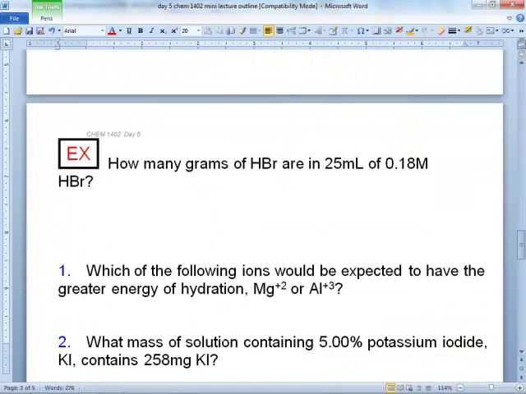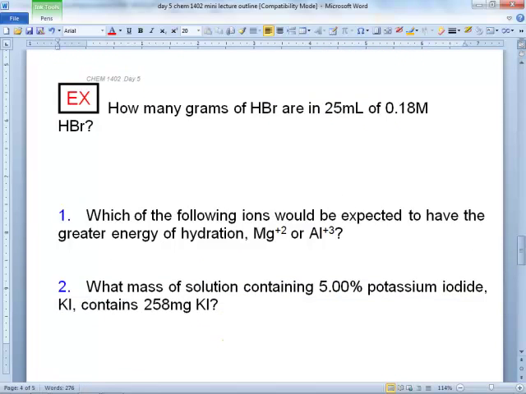Okay. Try this one. How many grams of HBr, hydrogen bromide, are in 25 mL of 0.18 big M HBr? Now, big M, you're not supposed to say big M. You're supposed to say molarity, or molar.